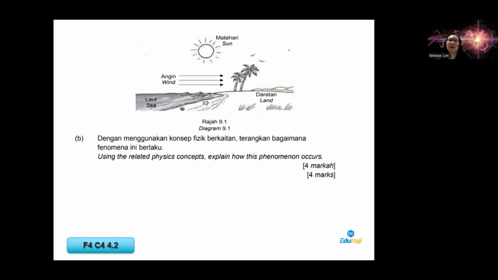It's kind of similar to what you learned in lower form. It's just that you need to explain the idea of specific heat capacity. Basically in the daytime, when there is a hot sun, between sea and land, which one has a high specific heat capacity? The symbol is c.